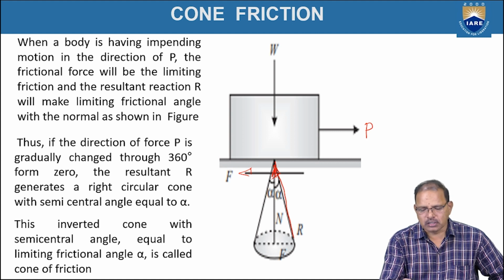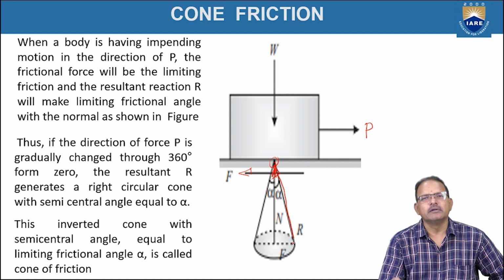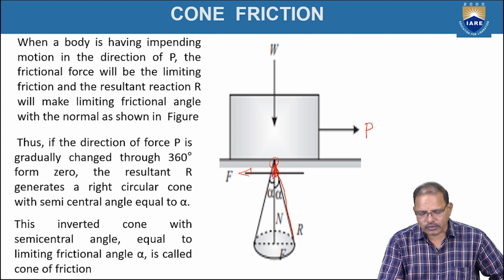The application of the force is the same, but the tip of the resultant force traces a right circular cone, as shown in the figure. It depends upon the direction of rotation of the force. From 0 to 360 degrees, it also rotates and forms a locus in the form of a right circular cone.